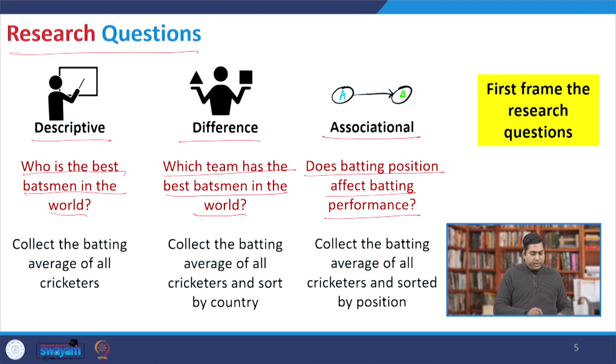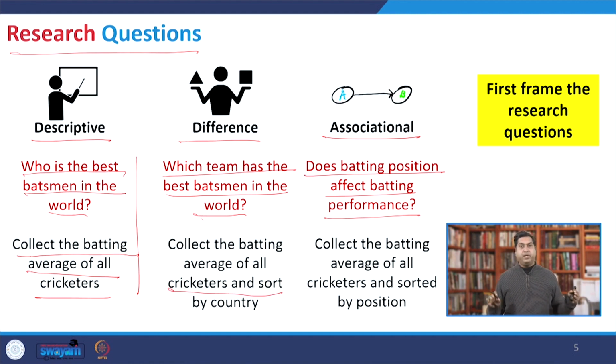For the first one, it is nothing but collecting the batting averages of cricketers. Maybe you can take one day matches or T20 matches or test cricket, and depending on that you calculate indicators like average score per match or the strike rate. For the second, you collect the batting average for all cricketers and then sort by country.